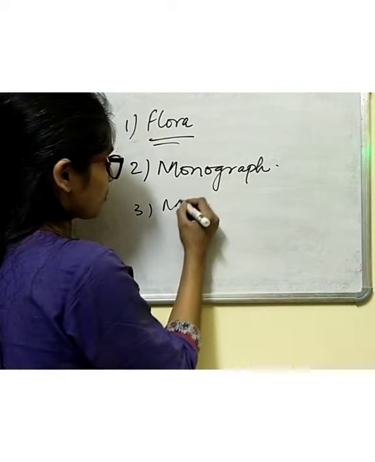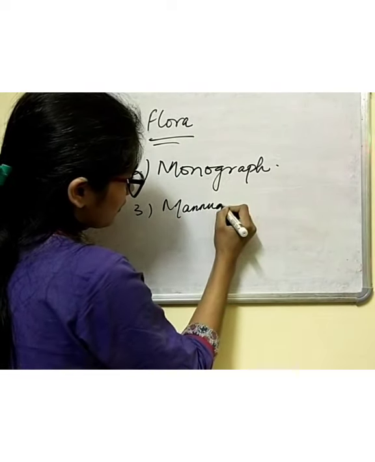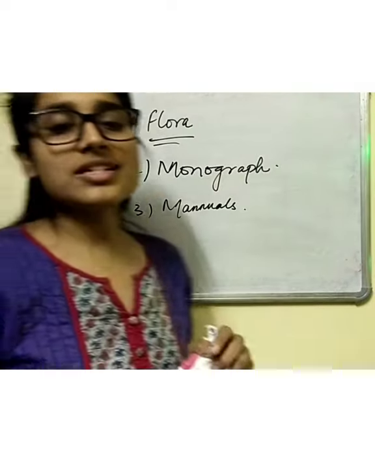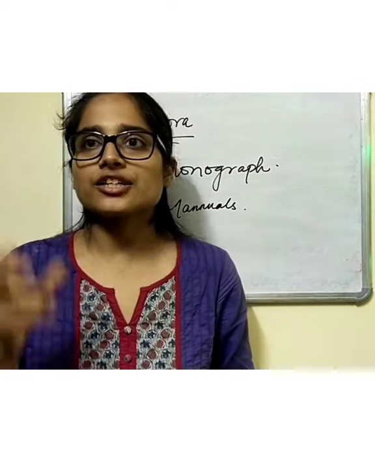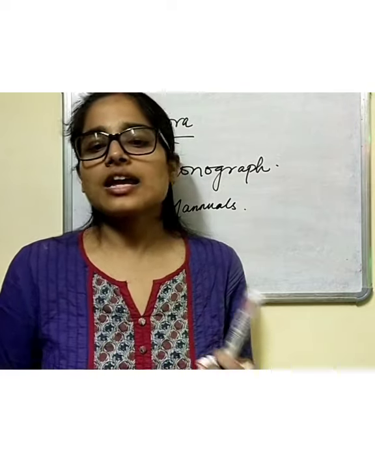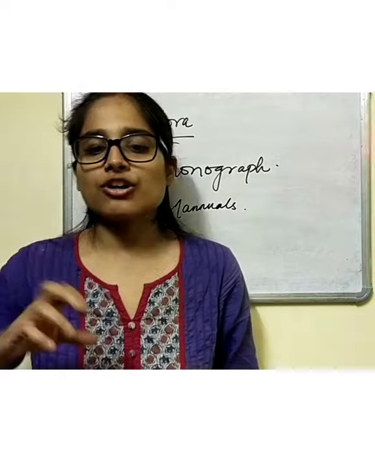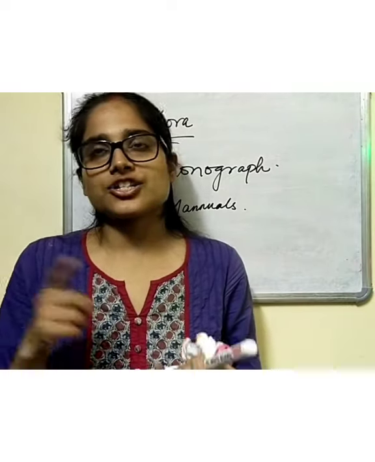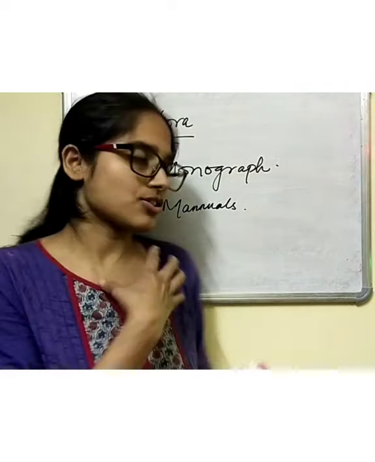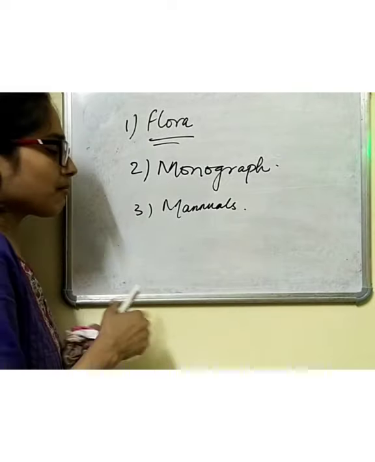The third one is manuals. What are manuals? These manuals provide information for identification of names of species which occur in a particular area, and they also help in correct identification and nomenclature.